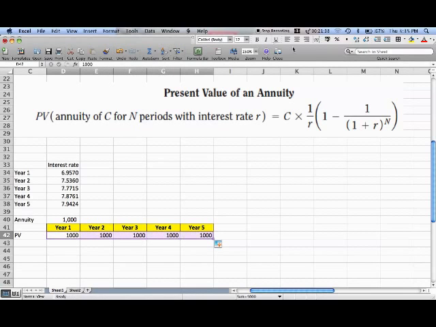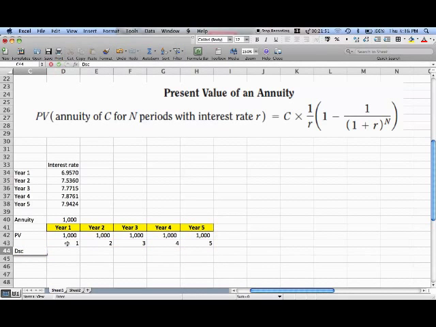And then I need to put 1, 2, 3, 4, 5. Okay, and then your discount rate: the first year will be this one, the second year will be this one, the third year this one, the fourth year this one, and the 5th year this one.